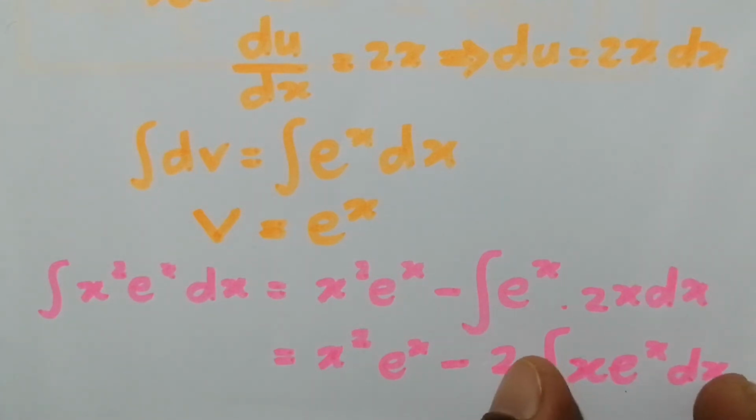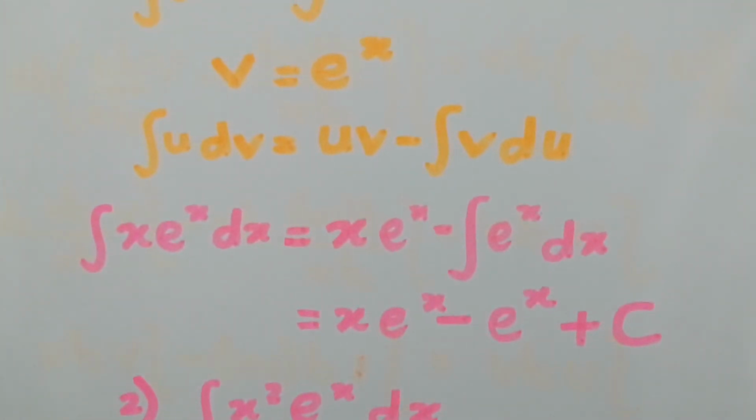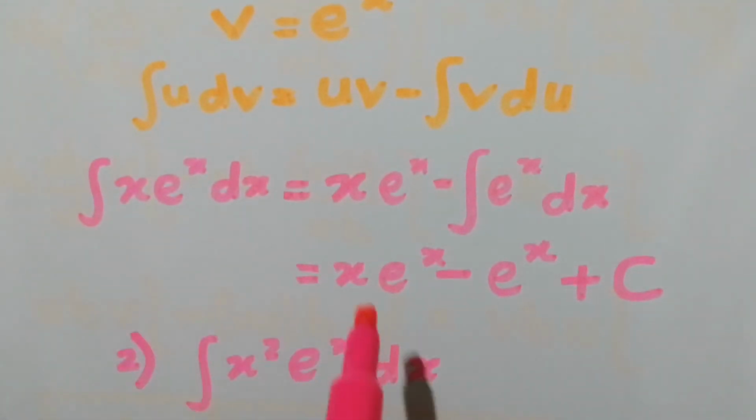See, this is similar to the previous question. Therefore, I am using the final answer from the previous question. But when you are writing the answer for this question, you have to write all the steps which I have written in the previous question also.